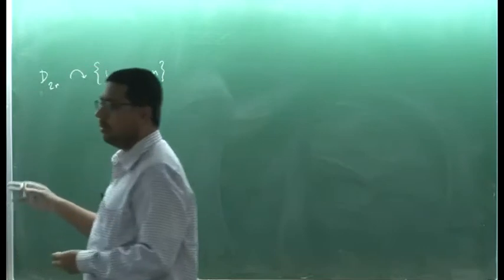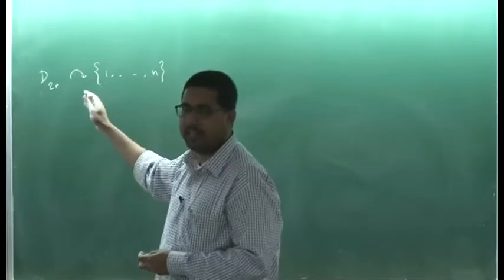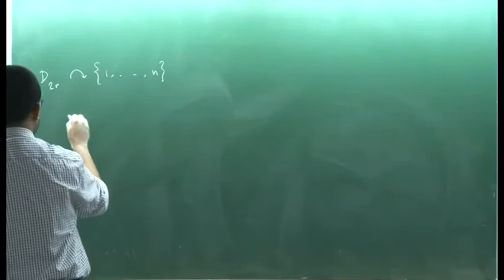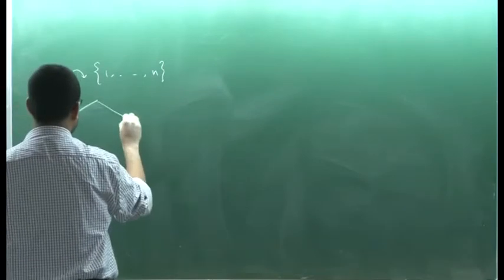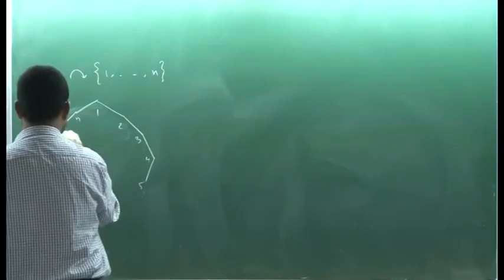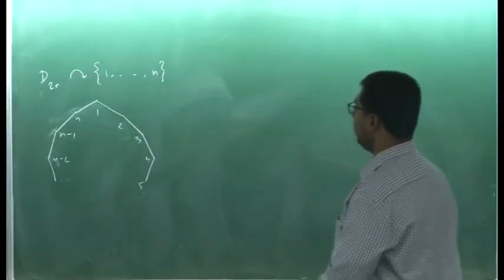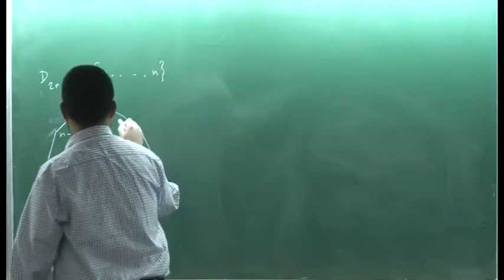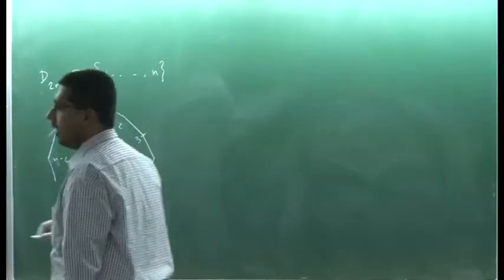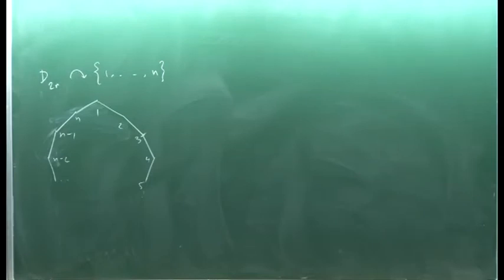So which reflection? Let me leave it to you to find that algebraically, but geometrically it is quite evident. Suppose this is my regular polygon, with vertices 1, 2, 3, 4, 5, n minus 2, n minus 1, n. What is the symmetry that fixes a given point?